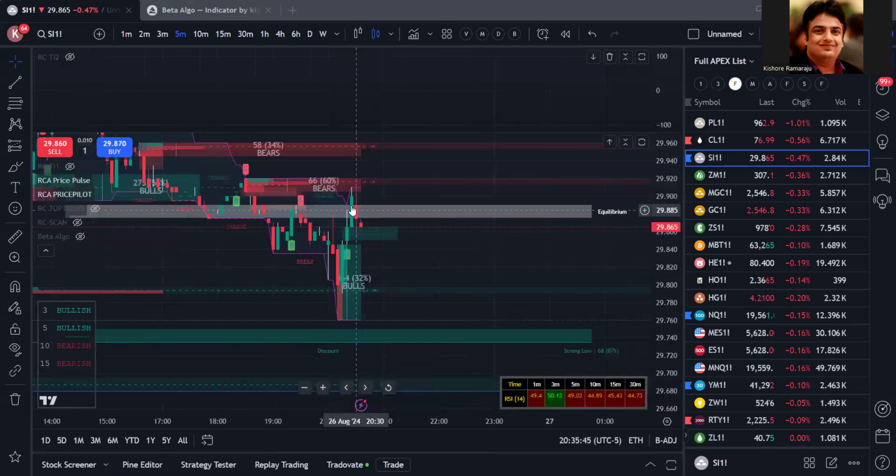Okay, we'll take it on a personal account, but yes, you can enter. Overall, the trend is bearish. It went and touched the sell order block, started dropping.